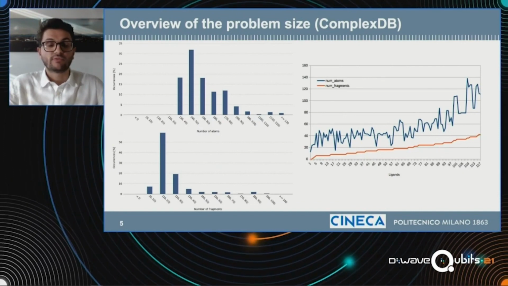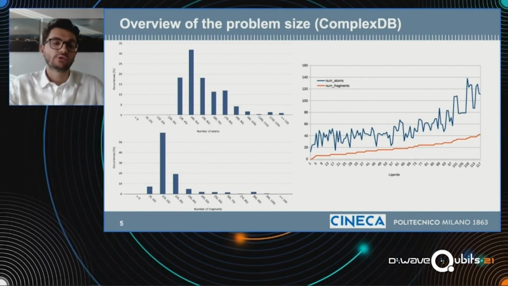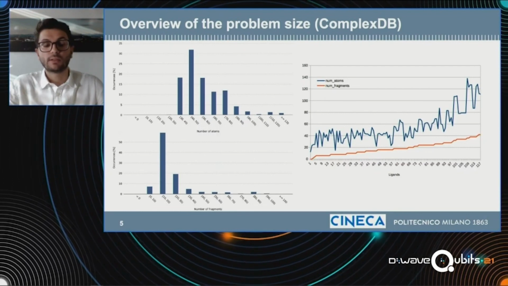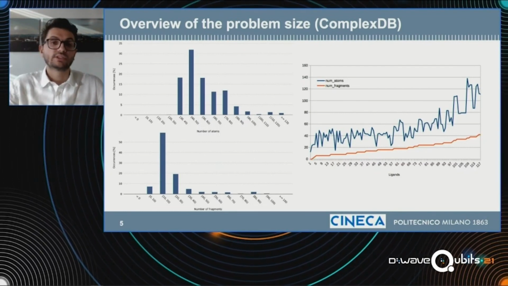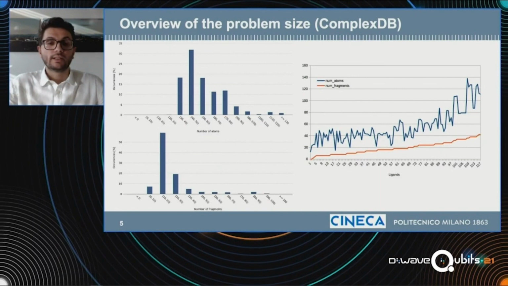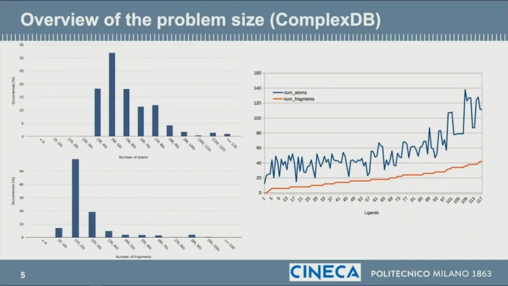The number of fragments is useful because usually the number of rotatable bonds is upper bounded by the number of fragments divided by 2. And this information is very useful because it can tell us how powerful is our method and how many molecules we can actually solve in our database.